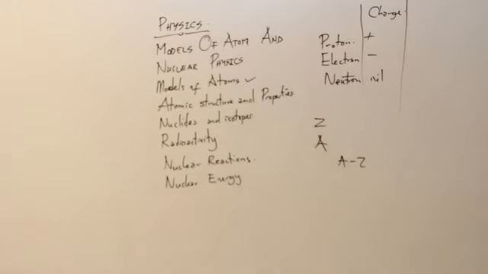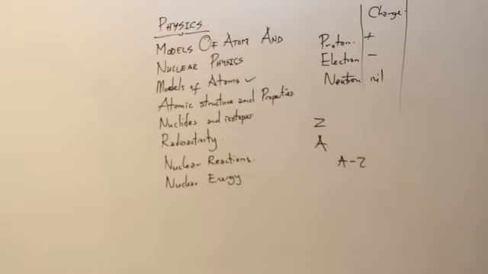And you see elements like uranium that have nucleon number 238 and proton number 92, suggesting that it has many more neutrons than protons. About 146 is the difference.